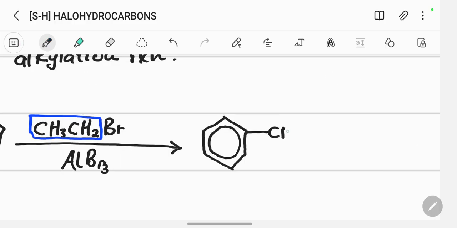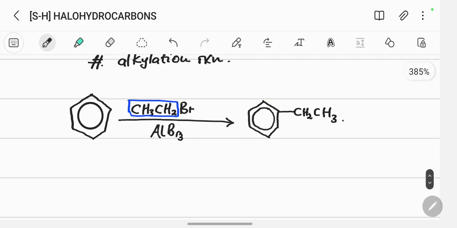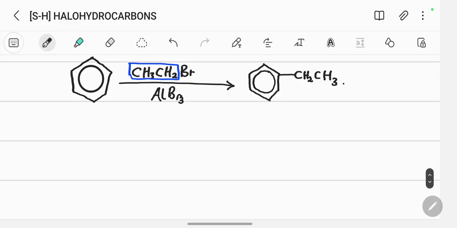So I'm going to add it there, CH2CH3. So this reaction can be regarded either as nucleophilic substitution or as an electrophilic substitution in the benzene ring, or nucleophilic substitution by the aromatic compound in the alkyl halide. So we shall look at its mechanism when you're covering benzene.